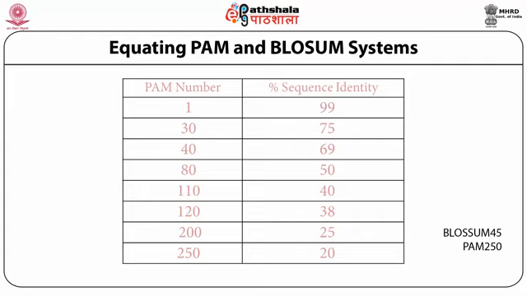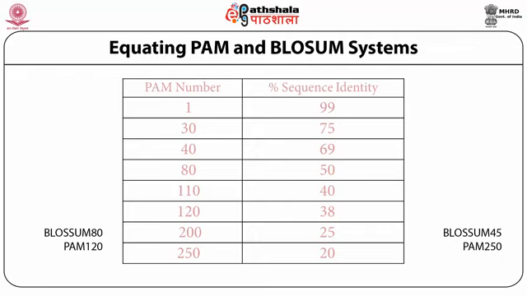Therefore, BLOSUM 45 can be used with sequences having approximately 20% identity. Similarly, we know that PAM 120 scoring matrix is suitable for alignments of sequences having approximately 38% identity. PAM 120 is equivalent to BLOSUM 80. Therefore, BLOSUM 80 can be used with sequences having approximately 38% identity.